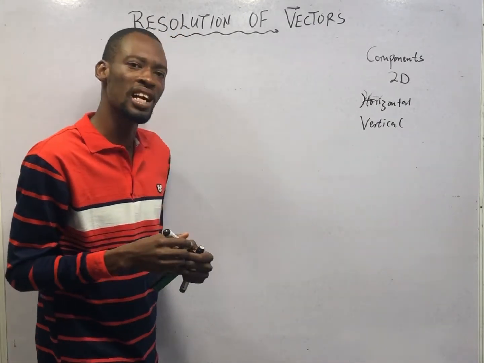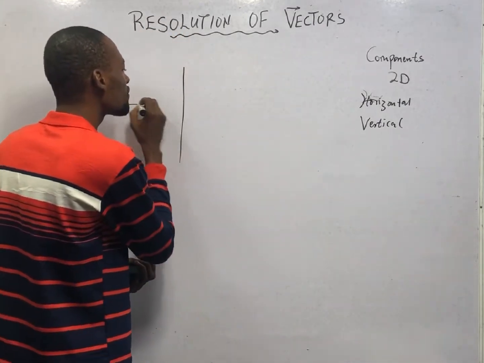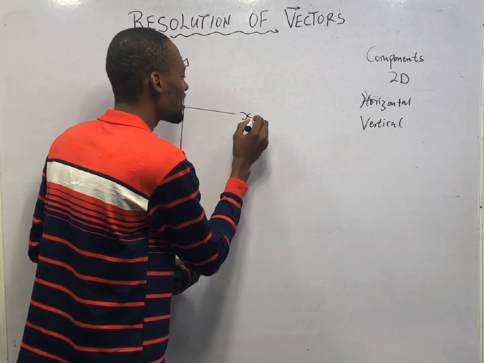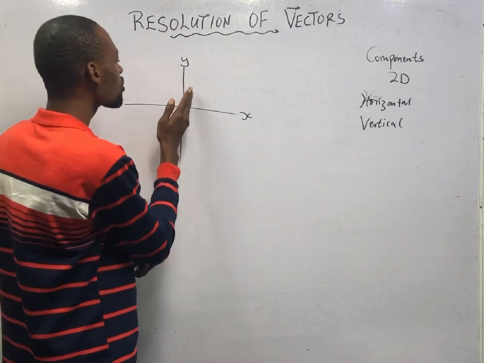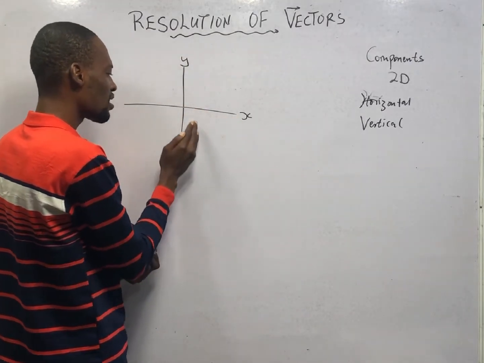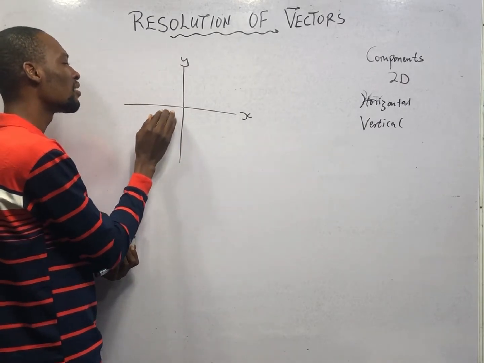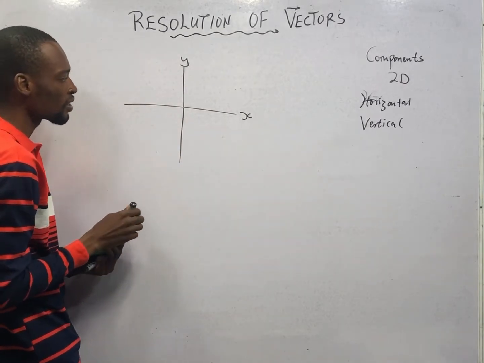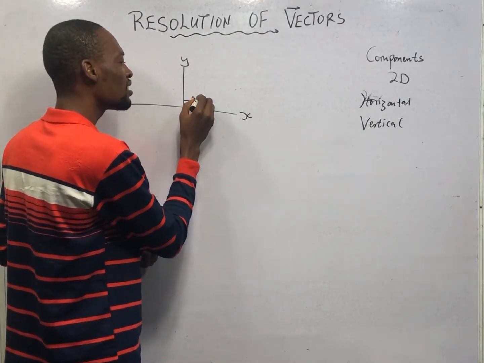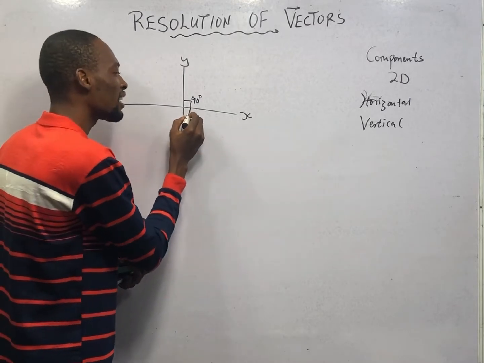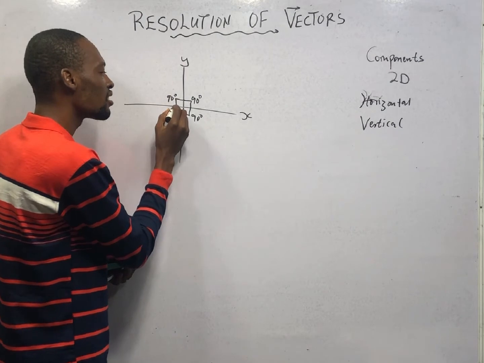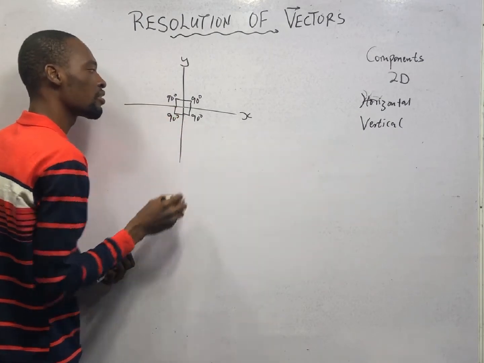Now, representing it with a graph, we represent the vertical component as the y-axis and the horizontal component as the x-axis. So here is the positive y-axis, here is the positive x-axis, negative y, negative x. Now, this is a right angled triangle. Here is 90 degrees. This is another 90 degrees. This is another 90 degrees. This is another 90 degrees.